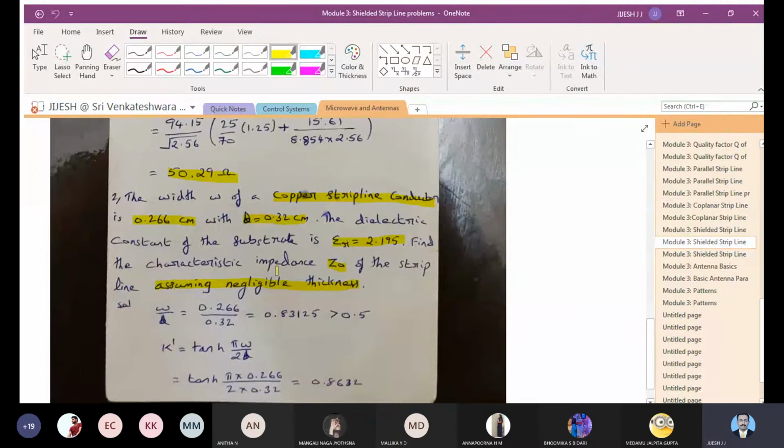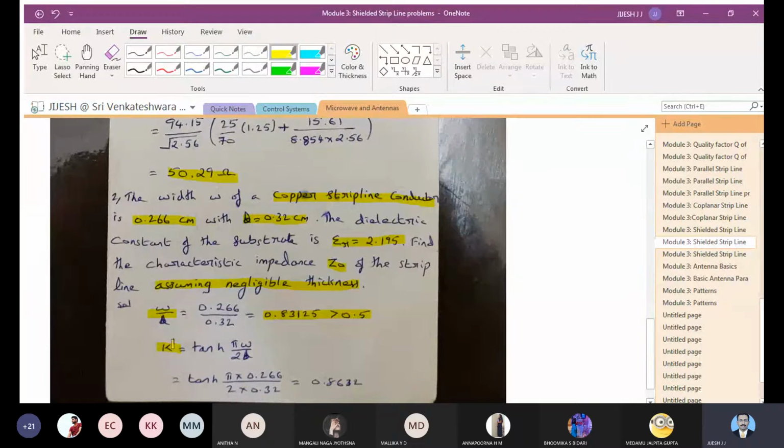So you have to find out W by D. W by D is 0.83125, which is greater than 0.5. So you have to find out K dash and use the equation for Z naught to find out the characteristic impedance.